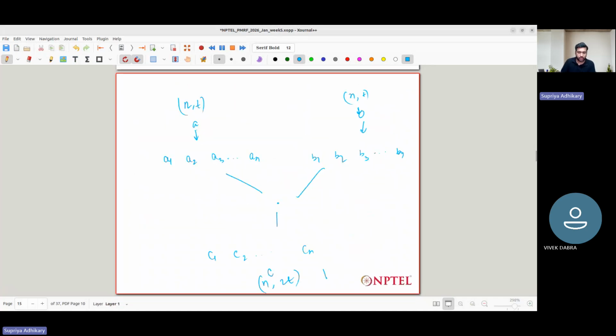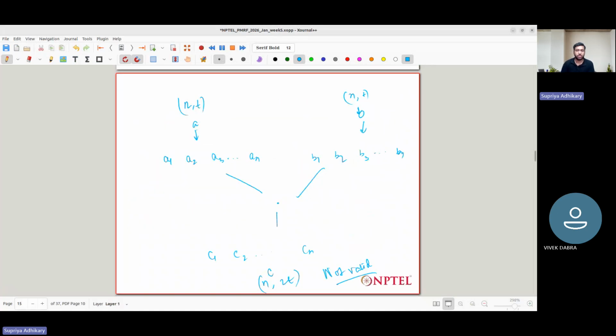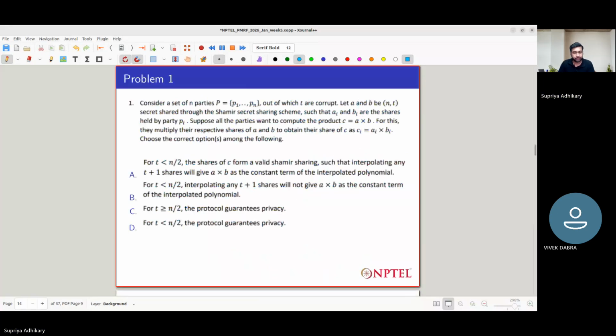So this will not be a valid secret sharing scheme, and the value of t will be doubled. If the threshold was t initially, then here 2t plus 1 shares would be needed. But the answer says t plus 1 would be enough, and that is not true. So option A is not true.